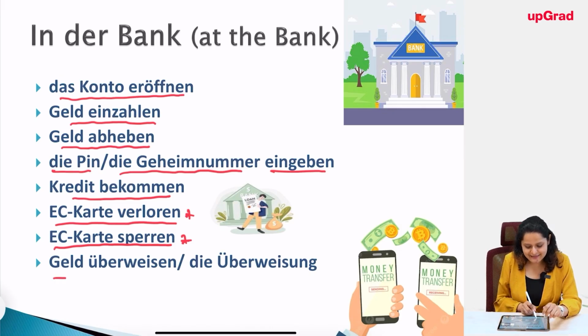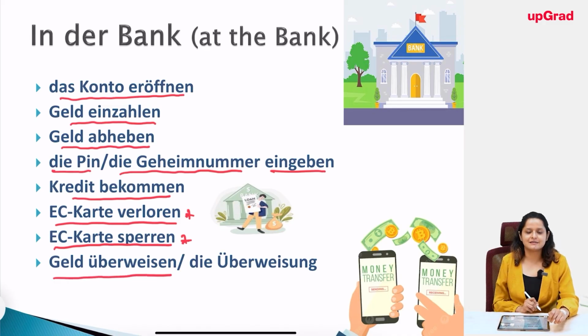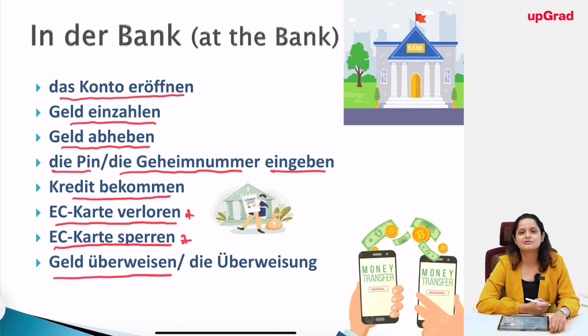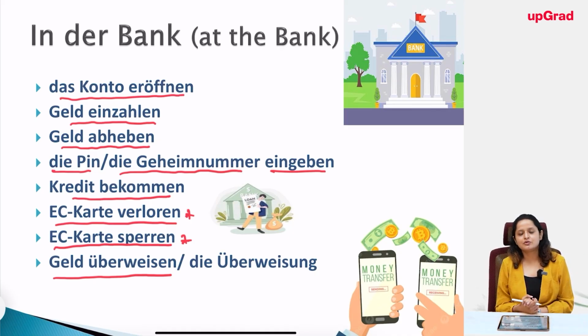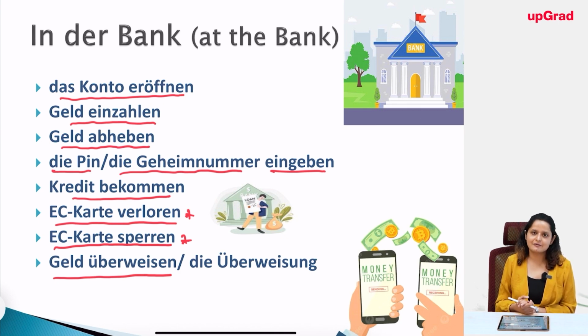The last we see here is Geld überweisen. Geld überweisen is to transfer money. So let's say you are living in Germany, you may want to send money to your family living in some other part of the world. The word you use here is Geld überweisen, which means you wish to transfer money. It doesn't always have to be an international transfer, of course. You can transfer money within Germany, but money transfer is Geld überweisen.